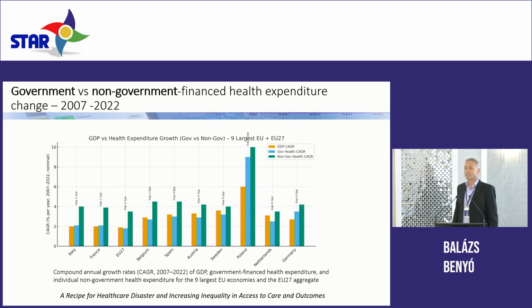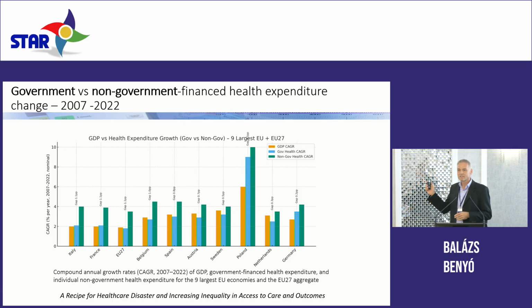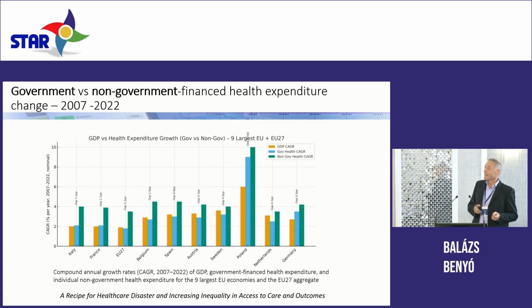The second slide says the same thing in a different way. The green bars show the growth of health expenditure in the private sector, the family spendings. The other two bars are the growth of the GDP and the growth of the government-financed health expenditure.